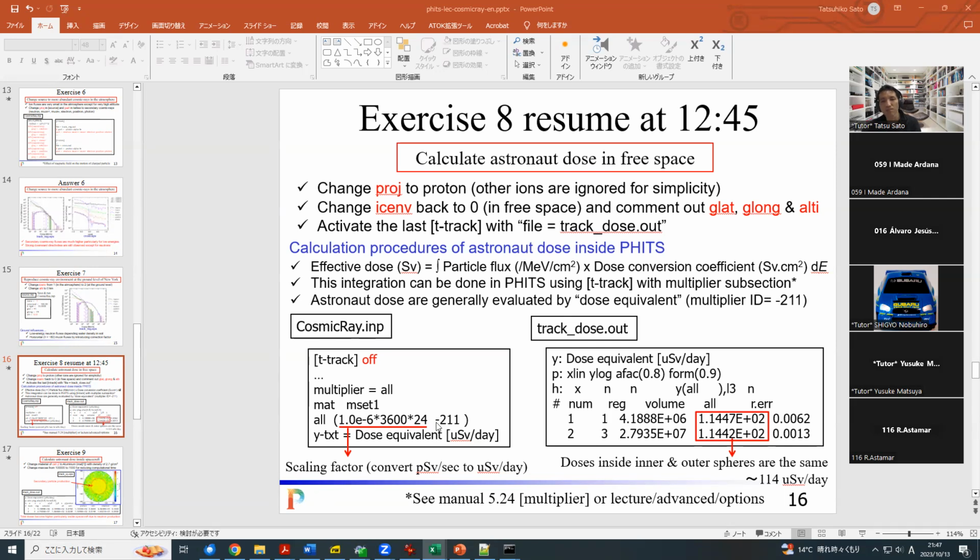And that multiplier ID is minus 211. That is the effective dose equivalent. And this number is a conversion from picosievert per second to microsievert per day.